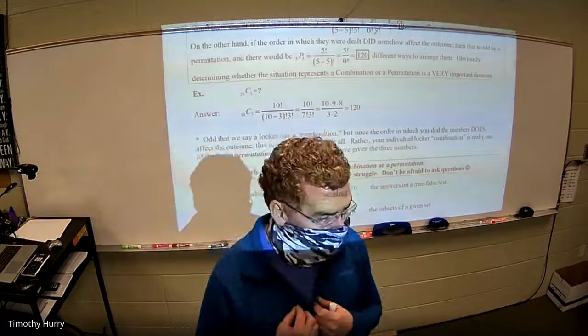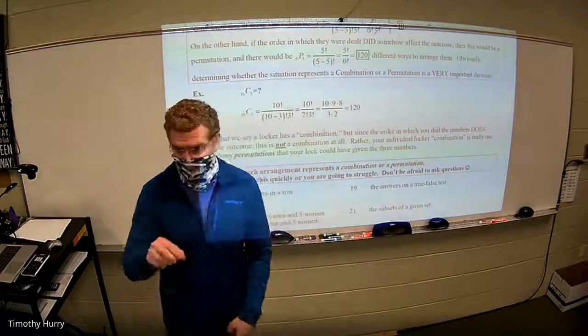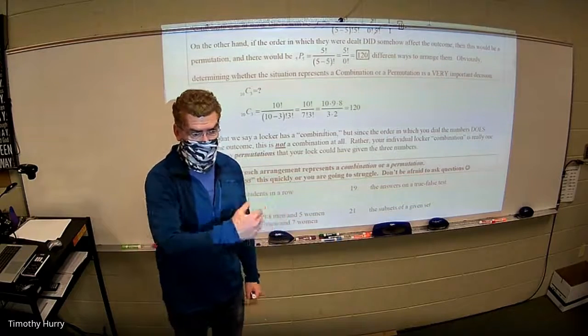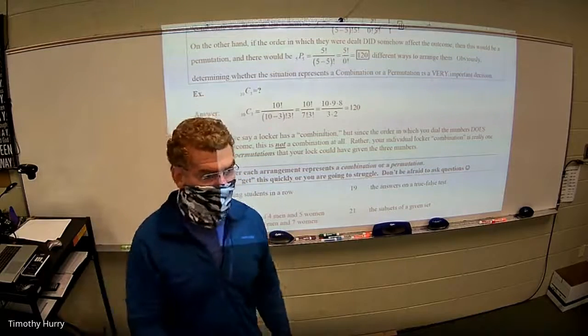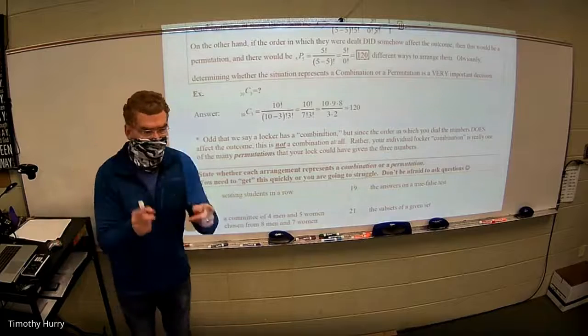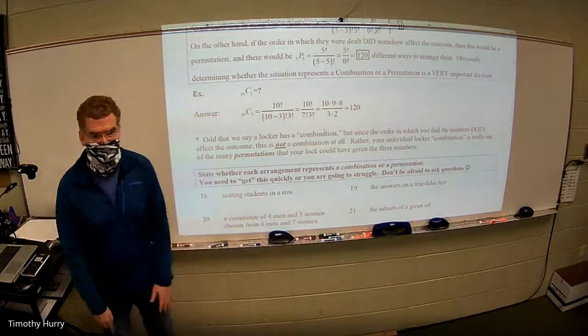And if the answer is no, then you ask yourself, is it dependent? Is me taking that first choice going to affect the next choice? If you're not putting it back, or it's not something like flipping a coin or rolling a die where the options are always available, then if it's dependent and the order does not affect the outcome, you can use a combination and really simplify the process.